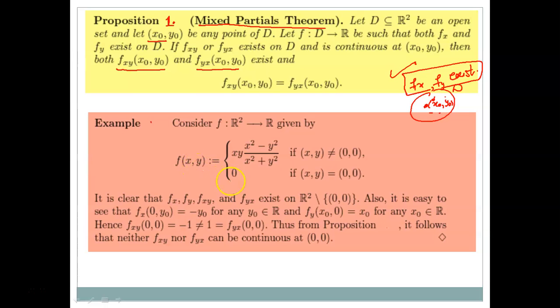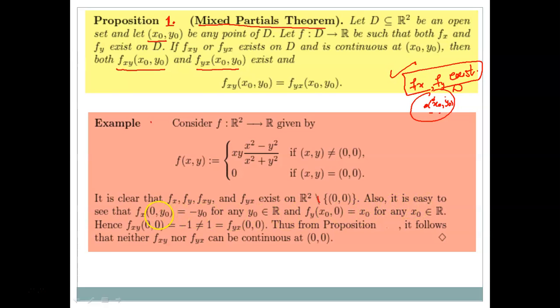We can find fx as well as fy; the formula would not apply at (0, 0), but the function is defined to be 0 there, and you can find the first order derivative of 0. So you can say fx and fy exist on the whole domain, and if you find fxy and fyx, they also exist on R square minus (0, 0).